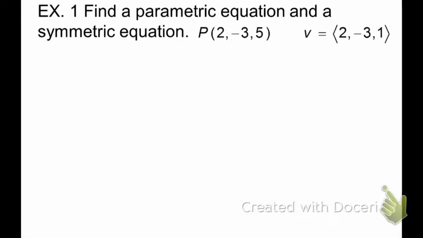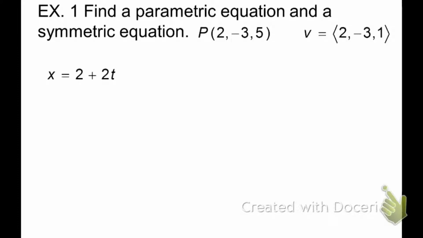So example 1 says to find a parametric equation and a symmetric equation through the point P that is parallel to vector V. To do that, like I said earlier, the equation equals the point plus the vector times t.